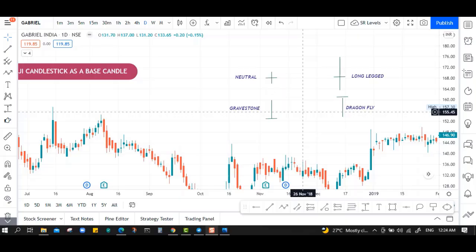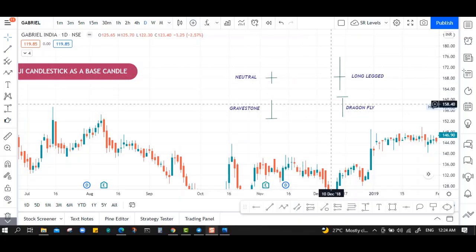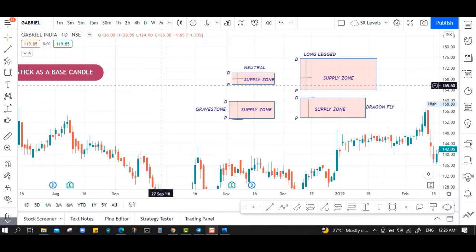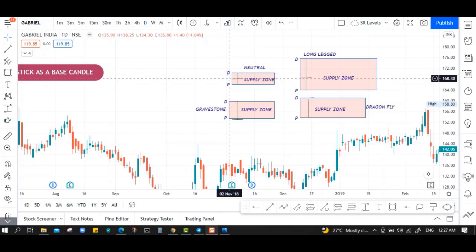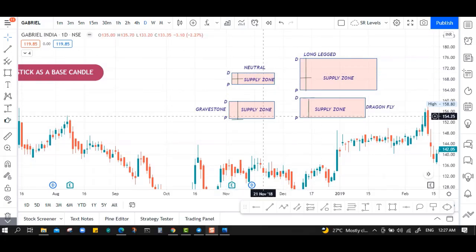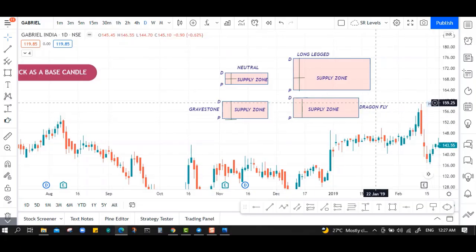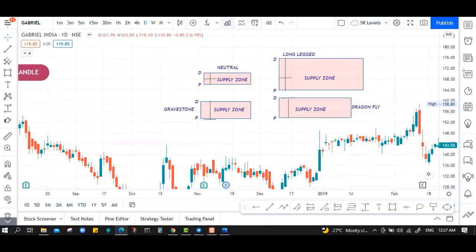Just remember, we need to draw a proximal line at the lower shadow and a distal line at the upper shadow. So let me mark all these 4 types now. The zones look like this. The D means the distal line and the P means the proximal line. Similarly for the other 3 types. You can easily understand this, I think.